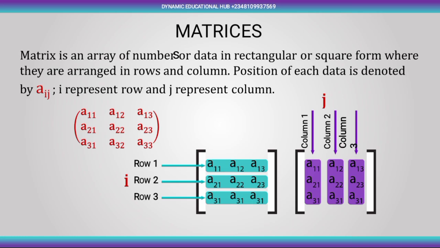Anyone that is here, A12, is first row and second column. The same thing goes with A13, which is first row and third column. If we continue that pattern, for this one, A21, which is second row, first column. So those numbers i and j are showing us the position of the elements in our matrix.